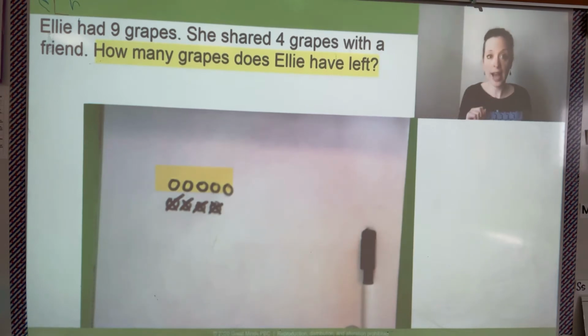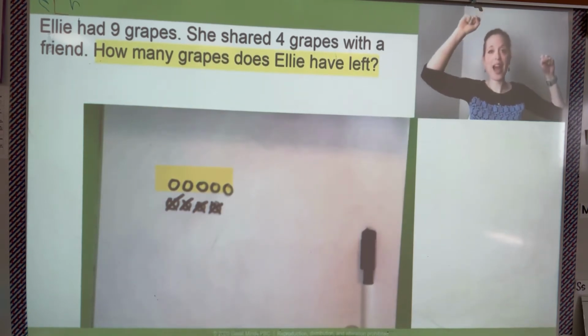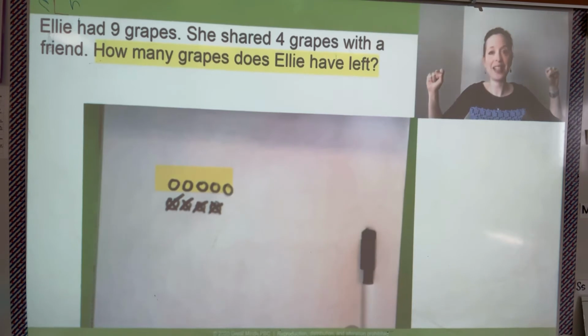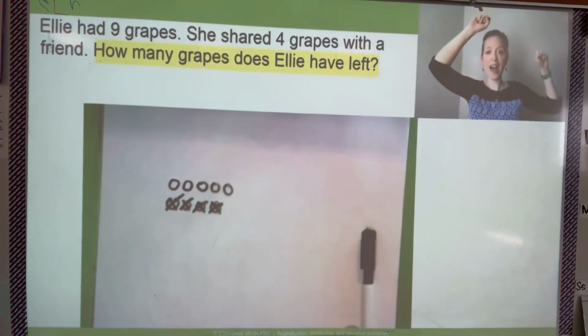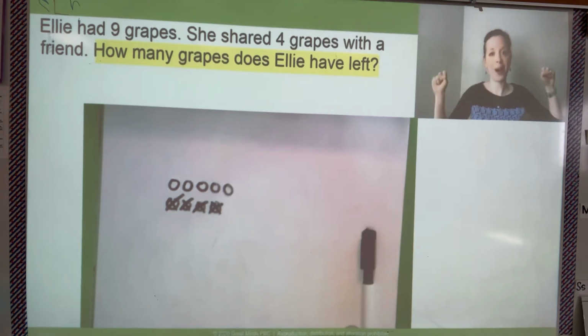We crossed out 4 grapes, and now we have 5 left. We started with 9, we crossed out 4, and we have 5 left. 9, 4, 5. Whole, part, part.